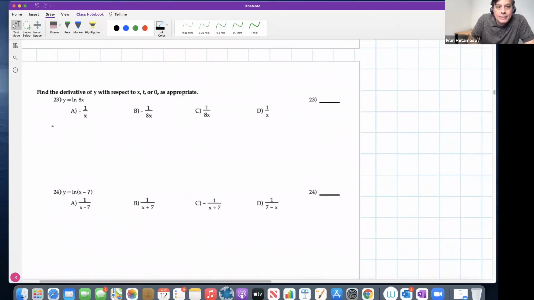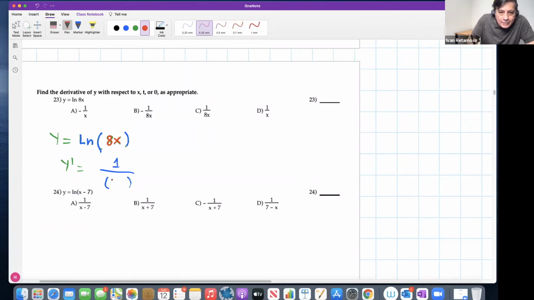23 is different. It says find the derivative of this function, y equals natural log of 8x. I'm going to use parentheses so that I can see clearly that this is the outside function and this is the inside function, right? So the derivative of this function will be, the derivative of natural log, remember, is 1 over the inside of the log, right? 1 over this guy, 8x.